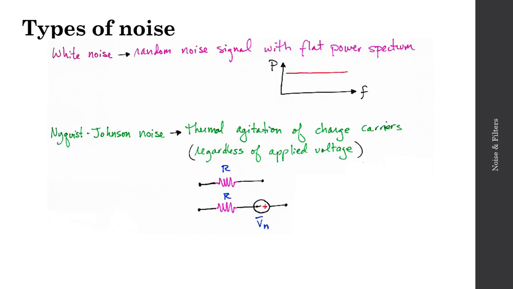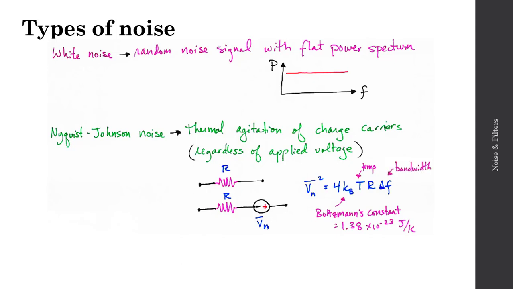And Vn bar squared equals 4 kB T R times delta F. Now, kB, that's Boltzmann's constant, equal to 1.38 times 10 to the minus 23 joules per Kelvin. T refers to the temperature at which the circuit is operating. R is a nominal resistance. And then delta F, that's the bandwidth. So if you have a resistive sensor, you absolutely have the presence of Nyquist-Johnson noise.